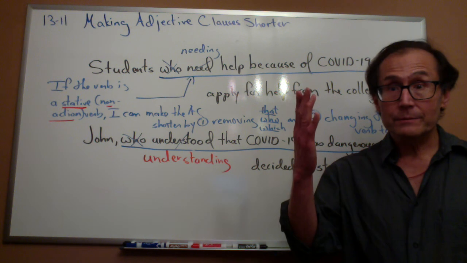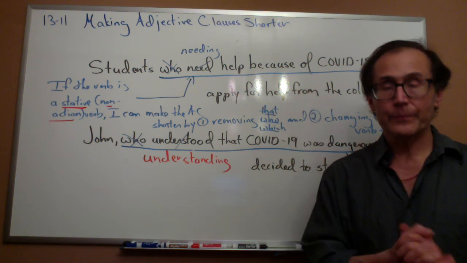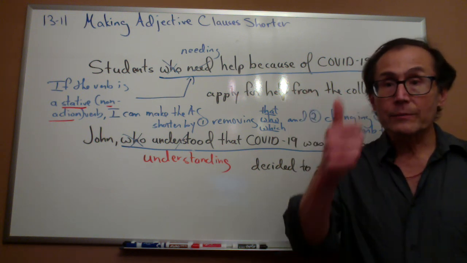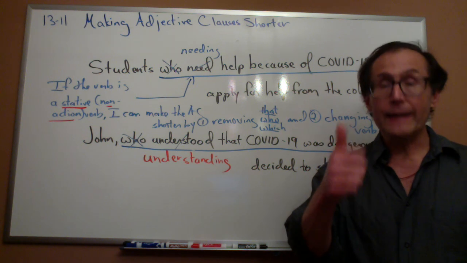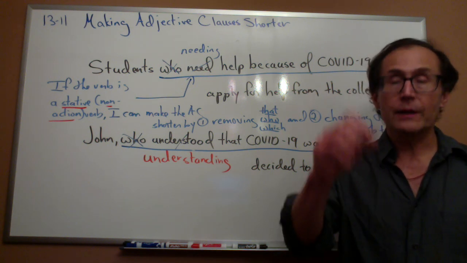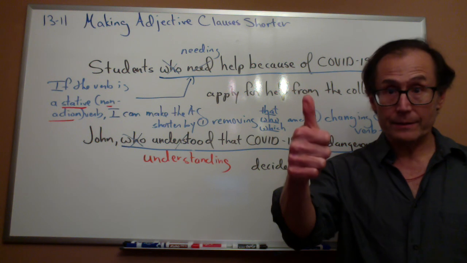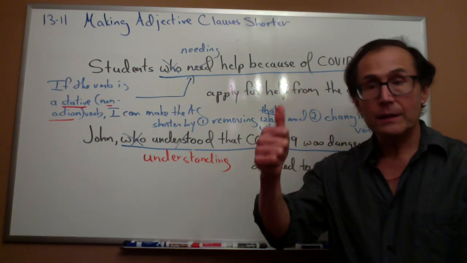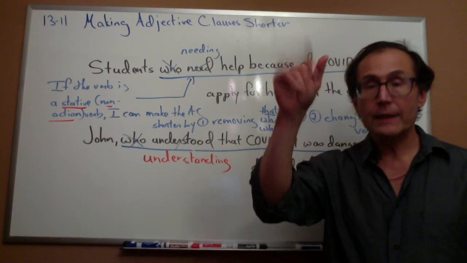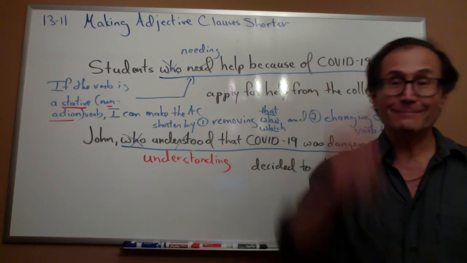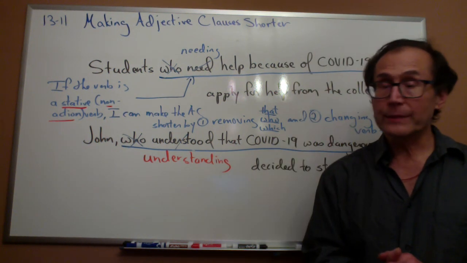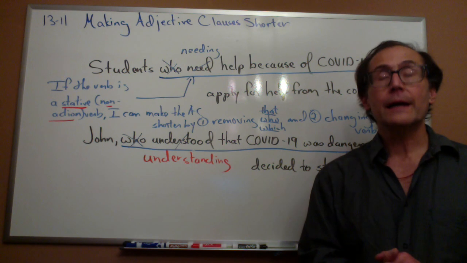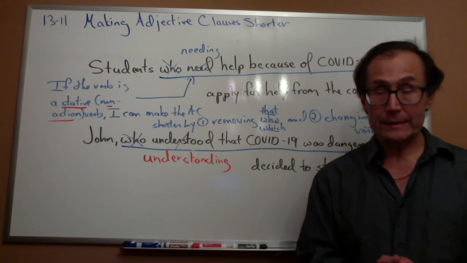So, to sum up, to go over the points again, I can often make an adjective clause shorter if it contains the verb be. The way that I do it is I get rid of the be and I get rid of who, which, that. The short form means the same as the long form, and they're both correct.